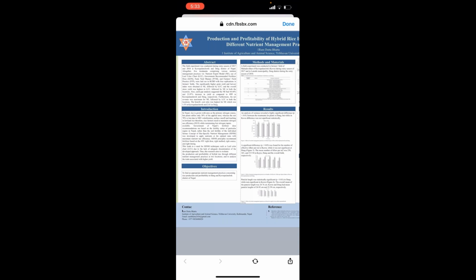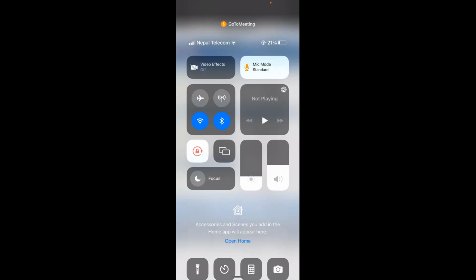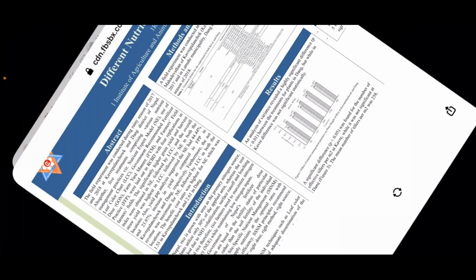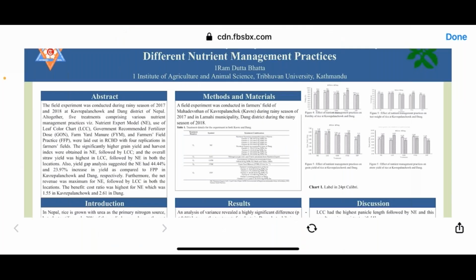Could you please rotate your screen so that we are able to see? Yes, it's visible.